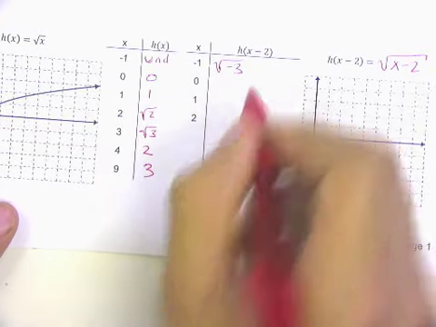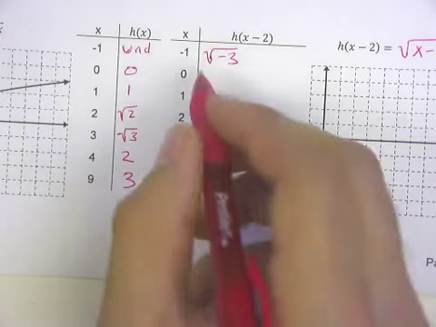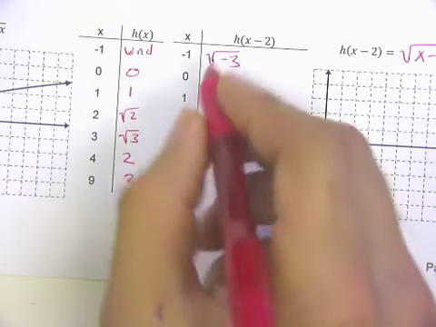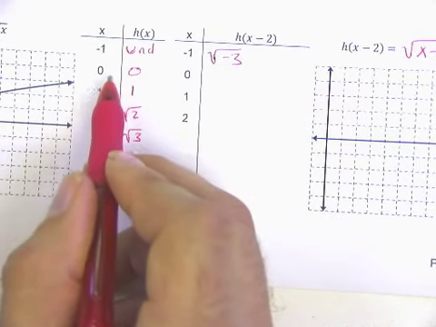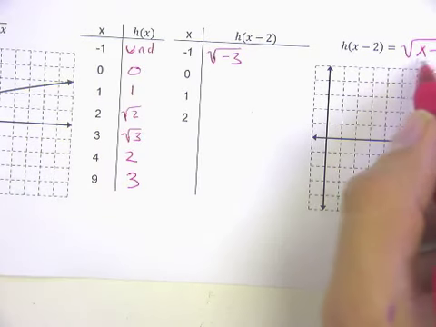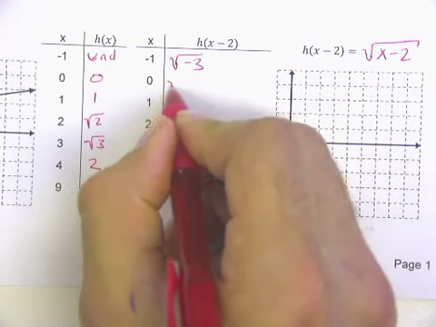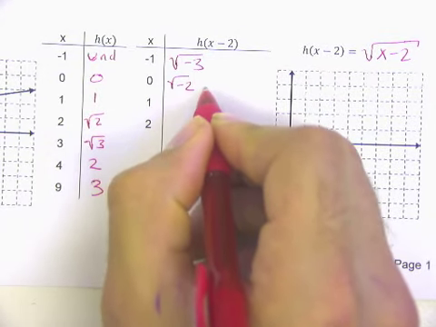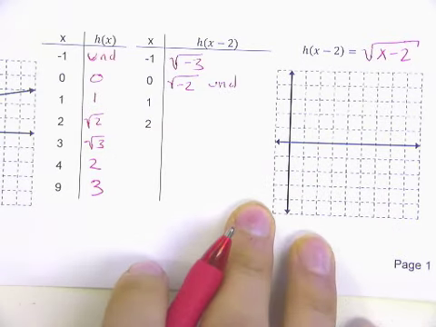That would be imaginary, and just kind of icky on top of that, so we're not going to worry about that one. The same thing with the square root of 0, which before had a nice definition. When our input was 0, we had the square root of 0, which is 0. Now when our input is 0, we have 0 minus 2, so we would have the square root of -2, which is undefined for us.